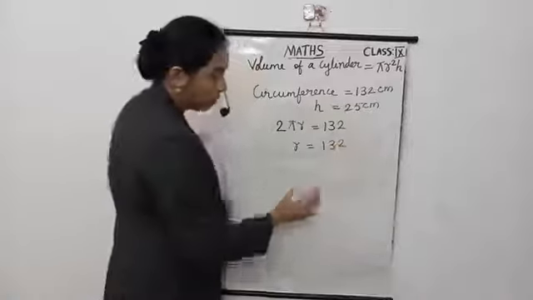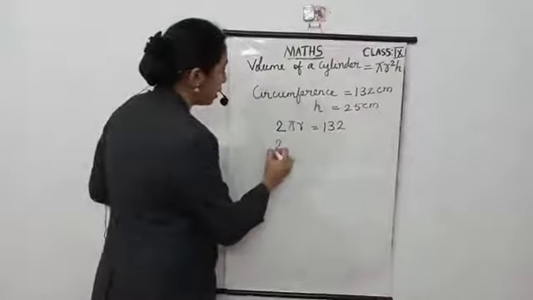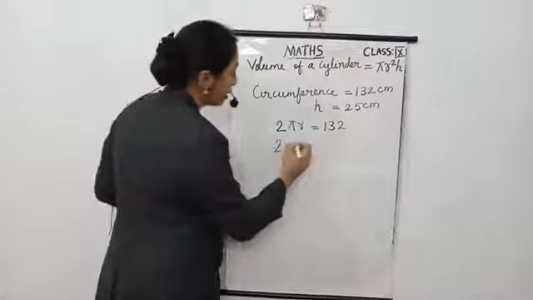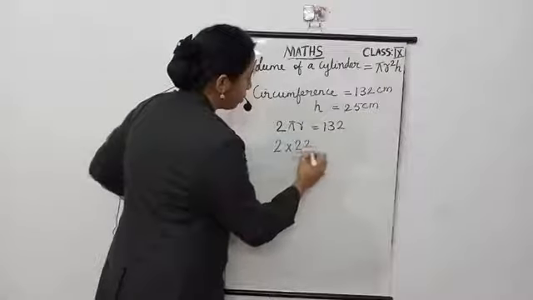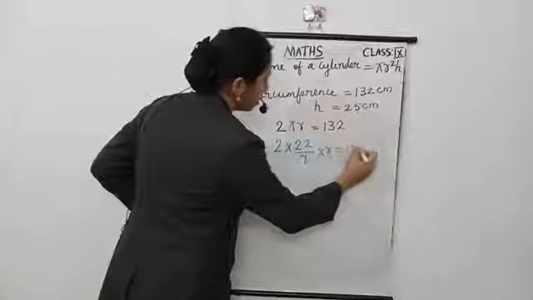First, substitute the value of pi. After that we can transpose to the right hand side. So pi value is 22/7 into r equal to 132.